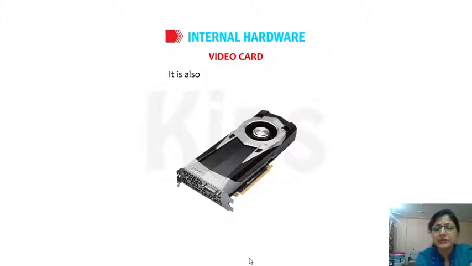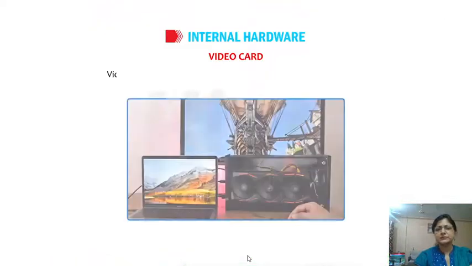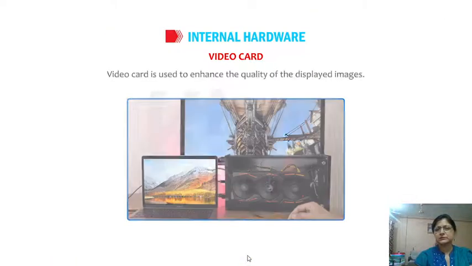Sometimes you may need to use software which requires very high quality graphics. In such cases it is better to install a graphics card into your PC. Video card is used to enhance the quality of the displayed images.